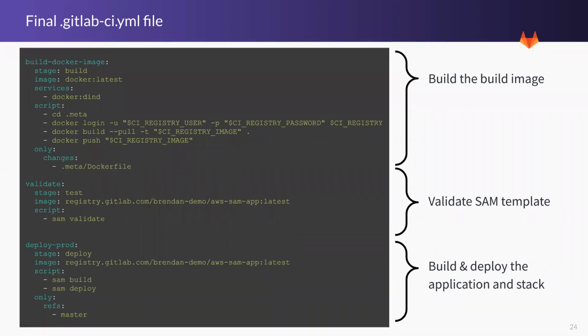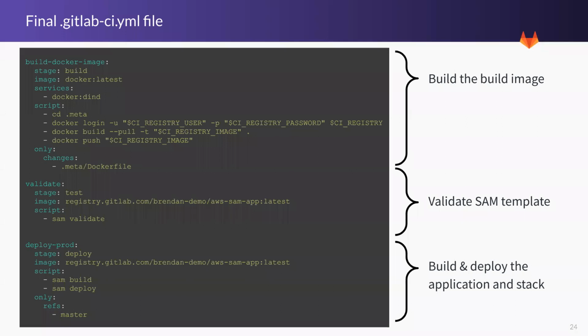And then lastly, we've got another only at the top that I skipped over in the build image job, and that says only changes meta/Docker file. So what this is doing is saying, I only want this job to run when I've made a change to the Docker file. So I don't need to rebuild that Docker image every time someone commits new code to the repository.